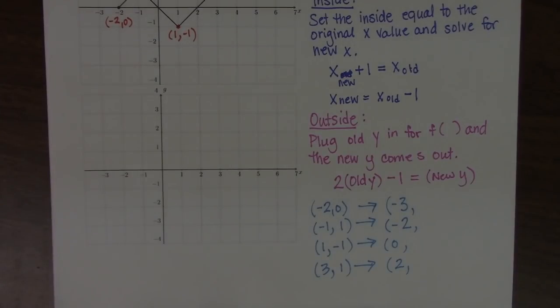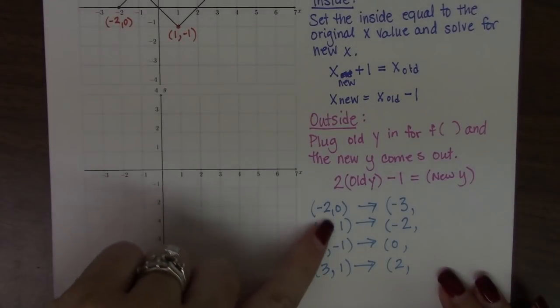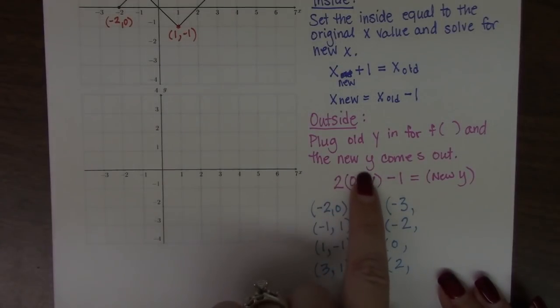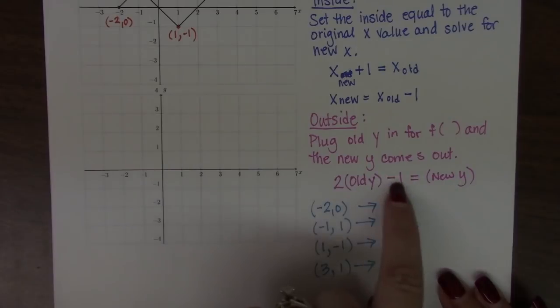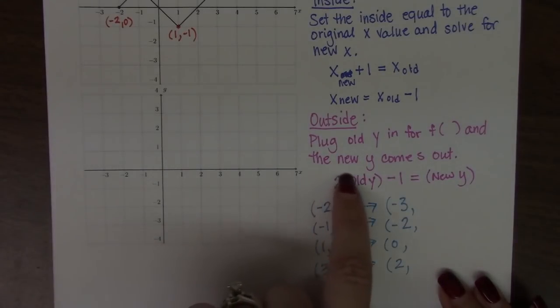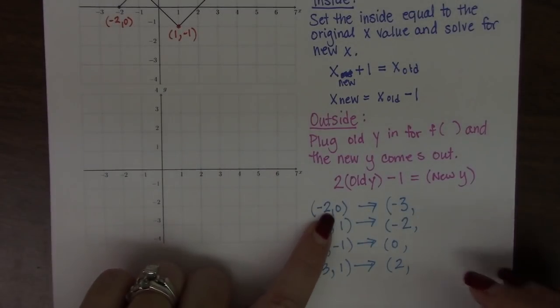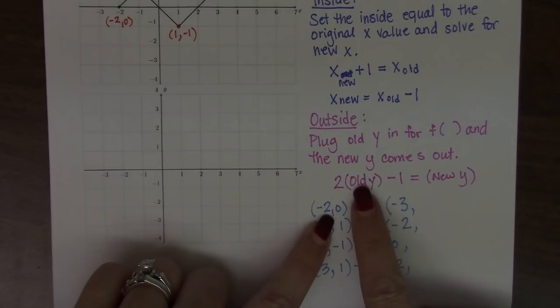Now I'm going to take all my y values and plug them into the equation directly. So it was 2 times f of stuff, those were the old y values, and then subtract 1. So you just follow the normal algebra order of operations, and that takes care of all the moves in the right order. So 0 is our first value. 2 times 0 is 0.